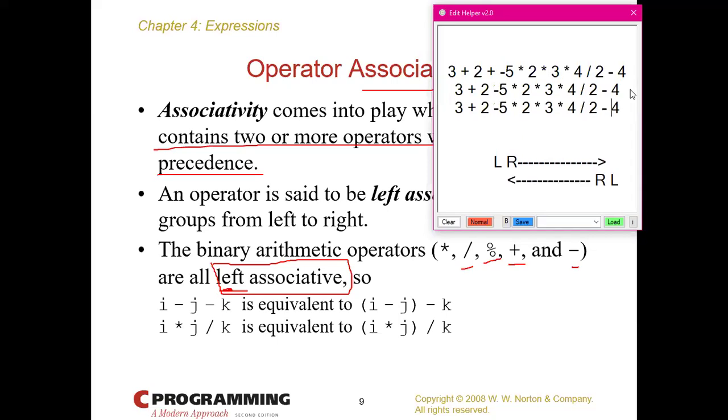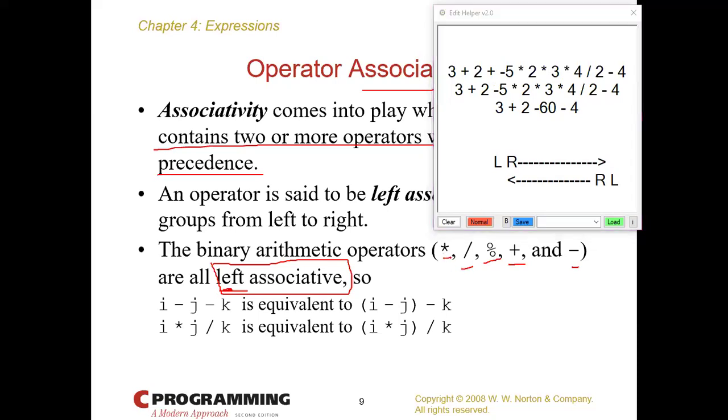Now we have this, and this is now minus 60. Great. So we have made use of the left to right associativity for multiply and divide. And then it's the same thing for addition and subtraction. So we start from left to right for addition and subtraction.